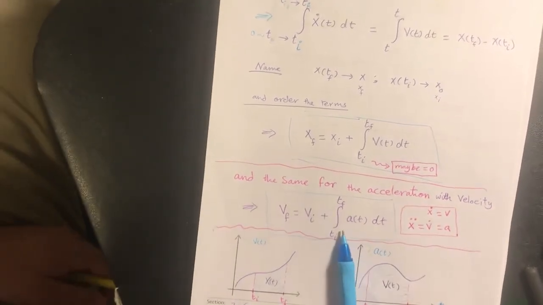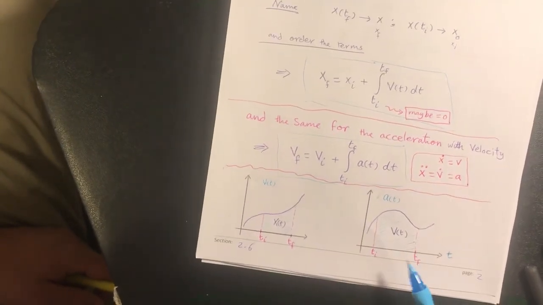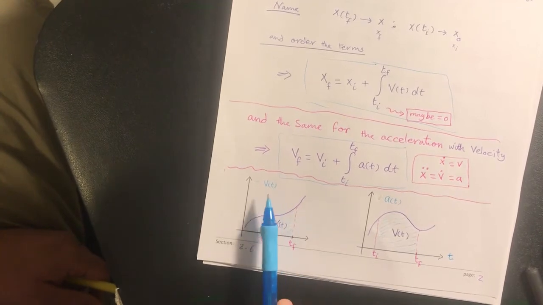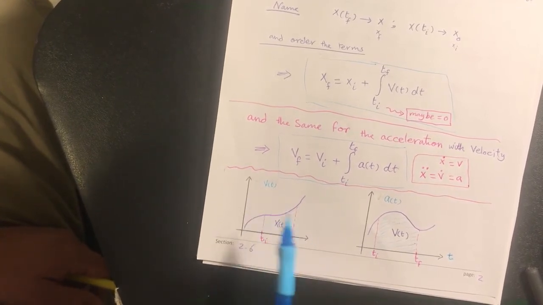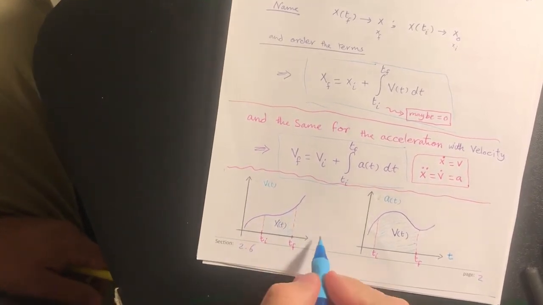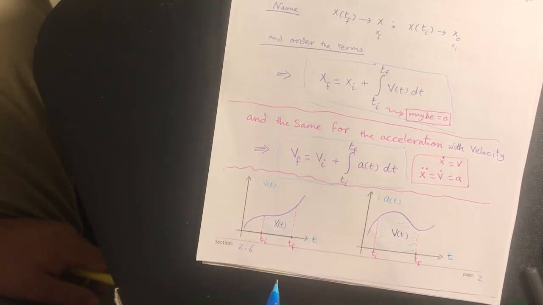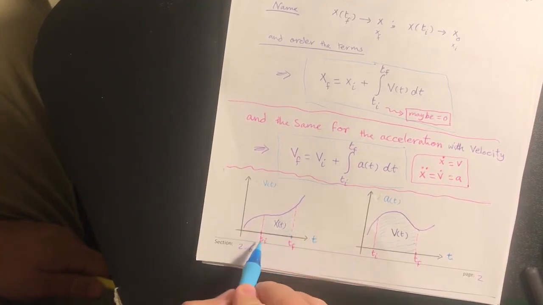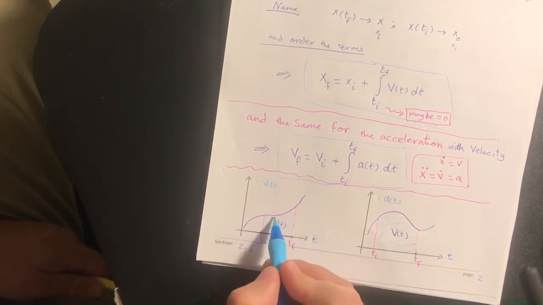The integration in mathematics is the area under the curve. So if we have a v versus t graph and we need to know what x is, x between t initial and t final is the area under that graph.